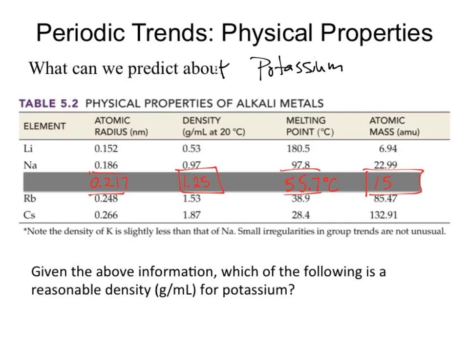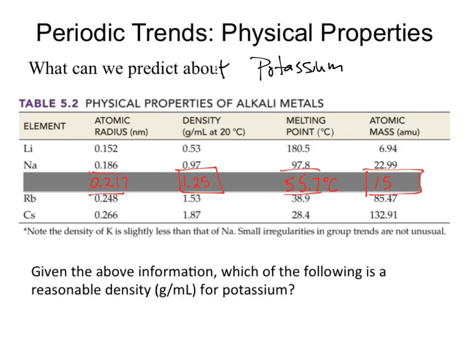We could also go through and see how much it changes from lithium to sodium. What's our change there? Roughly 0.03. To go from rubidium to cesium, 0.15. So our differences are getting smaller maybe as we go down.